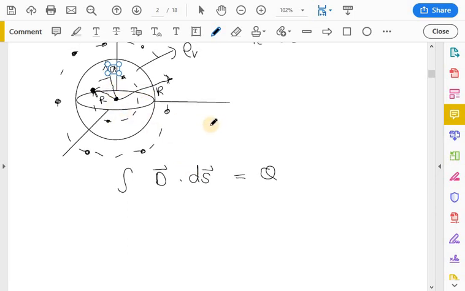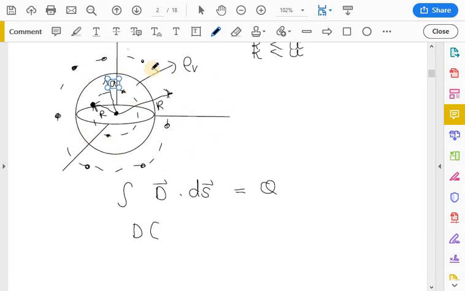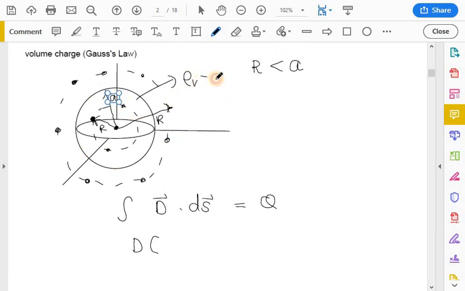Give it the rho. Now specify the direction of the flux. If the whole thing is a positive charge, for example, the flux will be coming out, right?